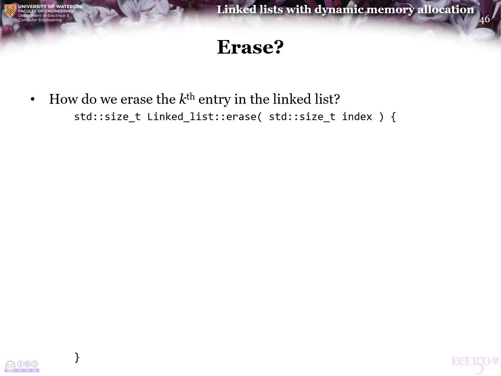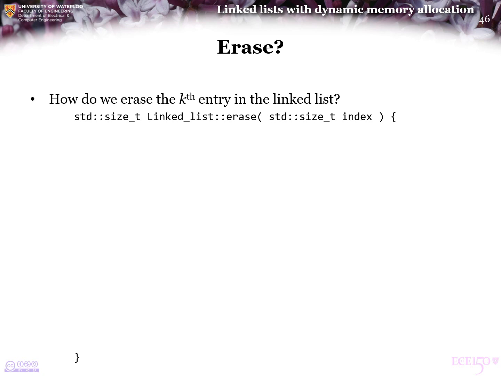Now, how do we erase the kth entry of a linked list? Once again, it's always important to deal with the special cases first, which may be easier to deal with. And always remember to reuse other member functions as appropriate.